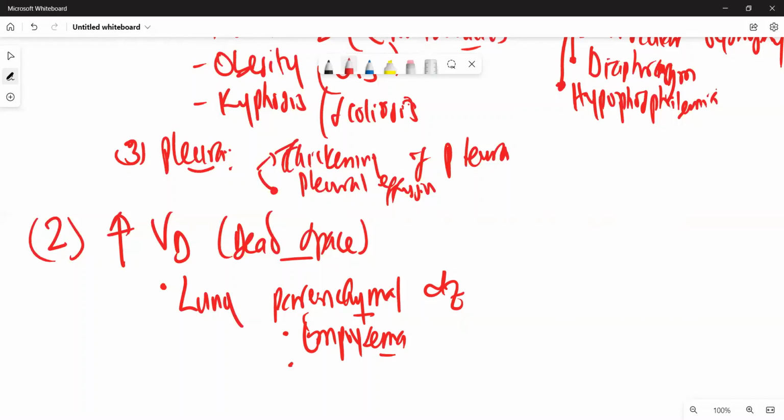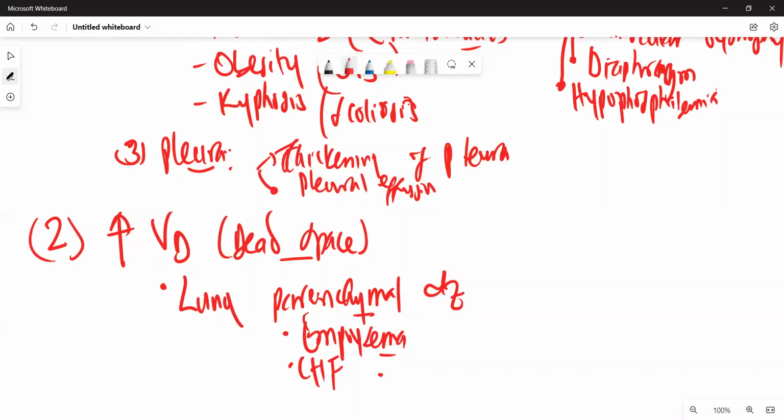Also CHF, right? If there's a thickening of alveoli in some area because of the filling of the alveoli with excess transudative fluid, that will also lead to increase in dead space in those areas.